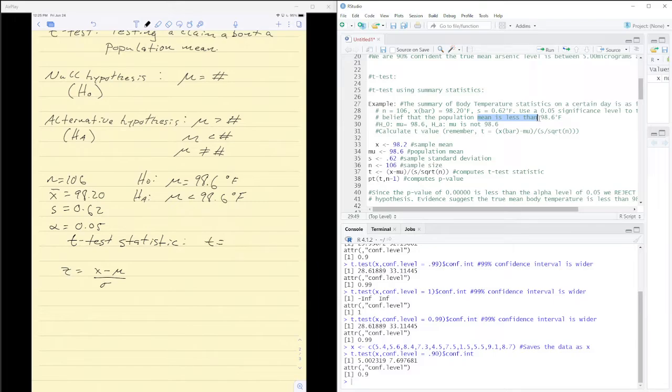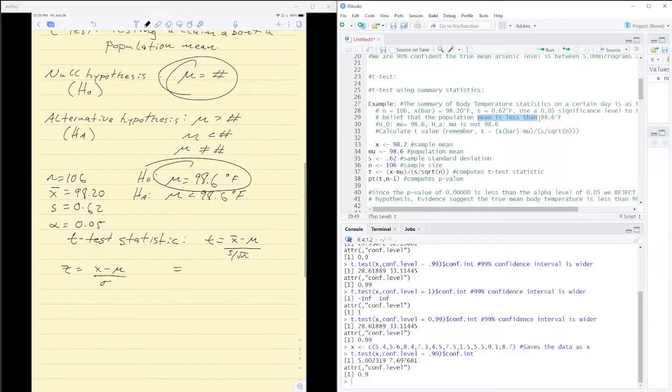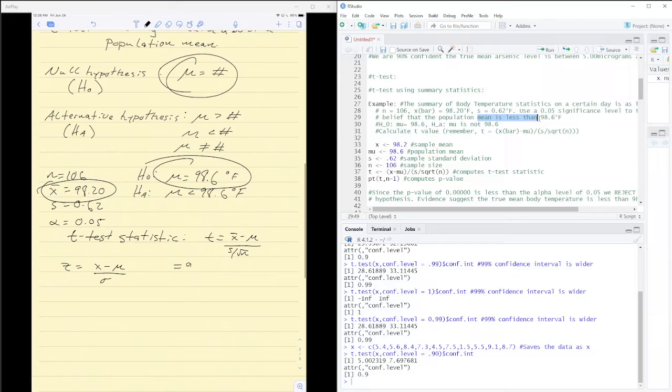So it is equal to your sample mean minus the mean in your null hypothesis, divided by your sample standard deviation divided by the square root of your sample size. So if we work that out in this problem, this would be my x bar is 98.2 minus 98.6 divided by your standard deviation 0.62. That tells you that here. And then divided by the square root of 106.